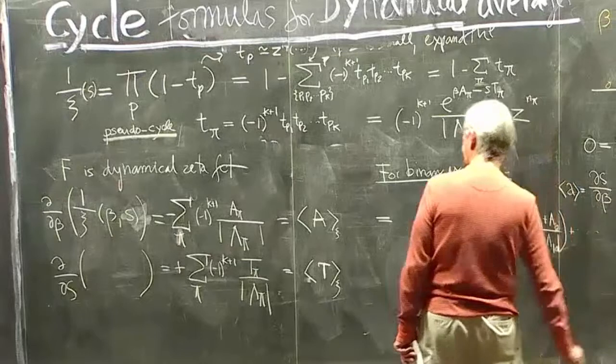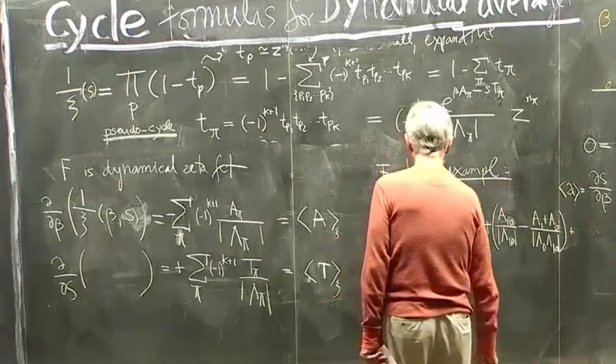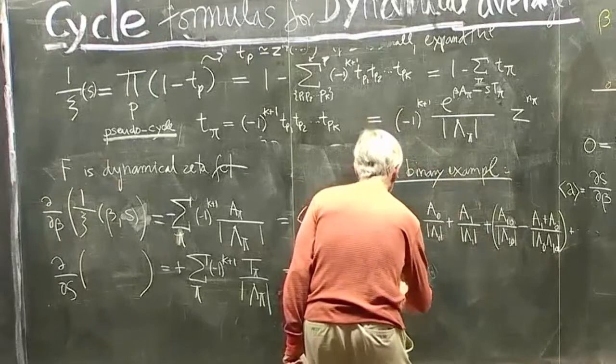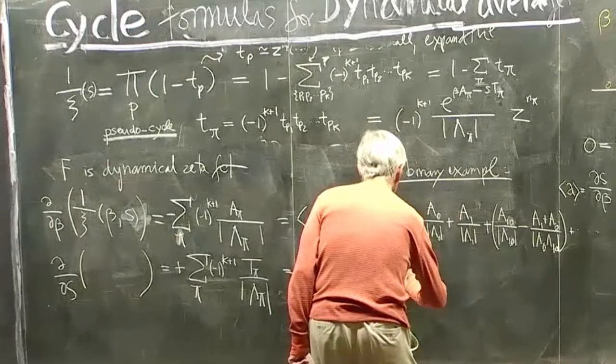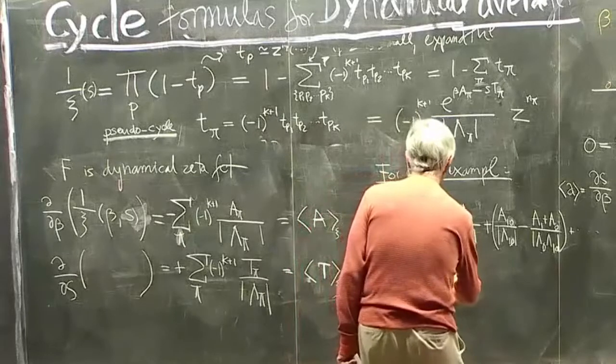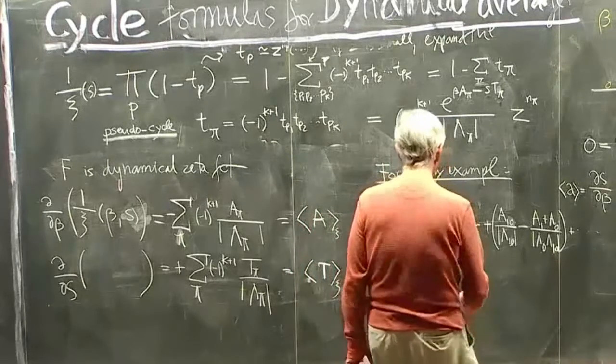Plus, same thing for 3 cycles. And our expectation, our observable A, is the ratio of these two sums.